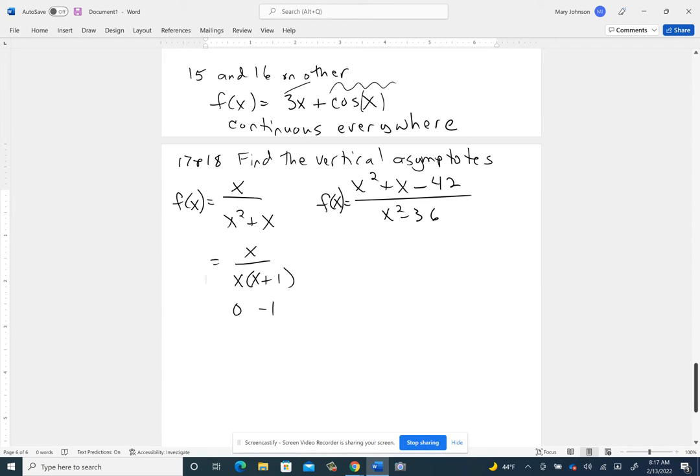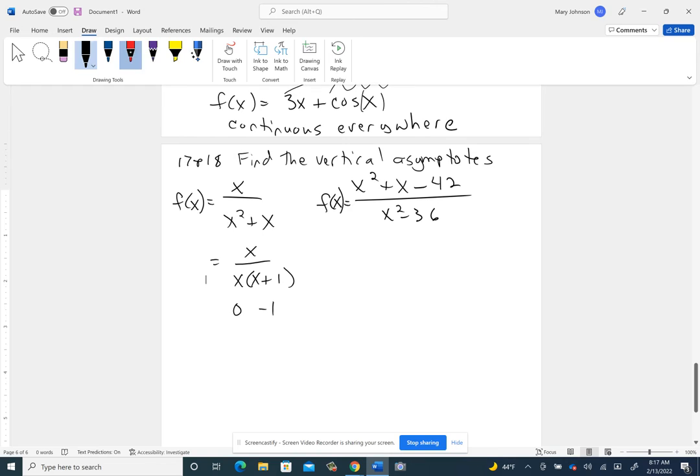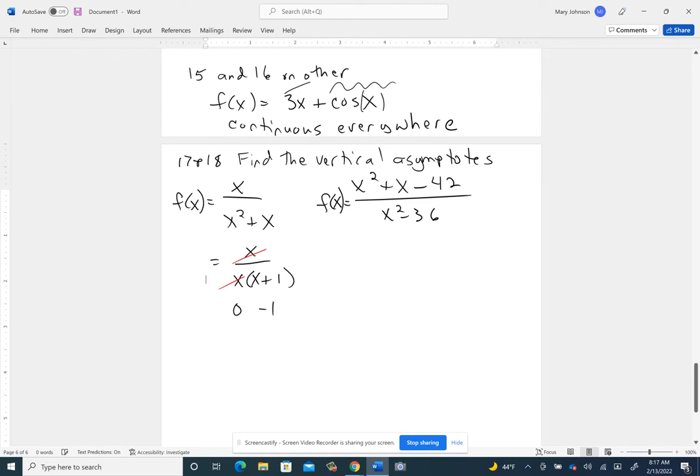Both of those would cause the function to be undefined. But you can remove this problem and get just 1 over x plus 1. So at x equal -1, you have a non-removable discontinuity.